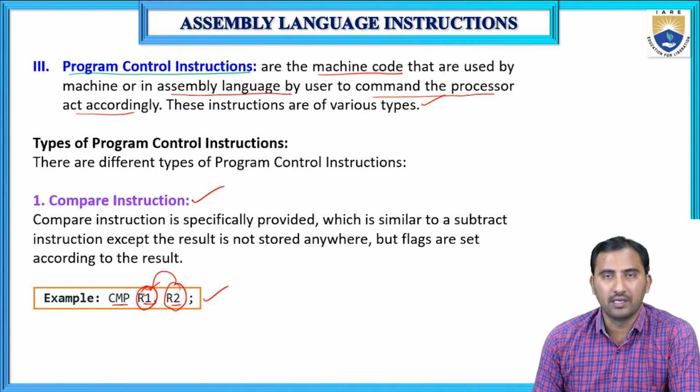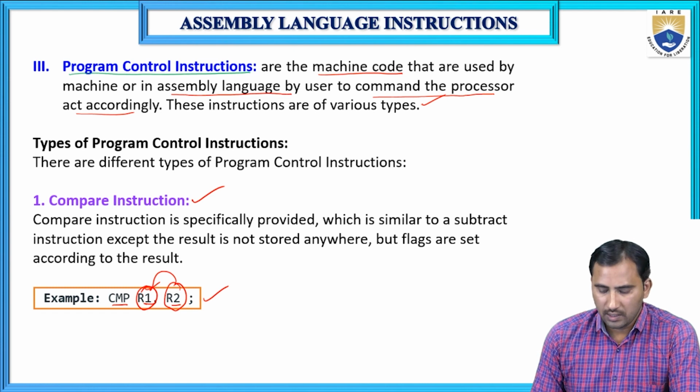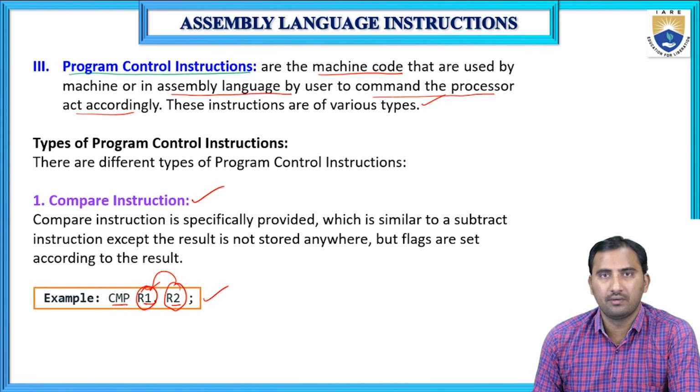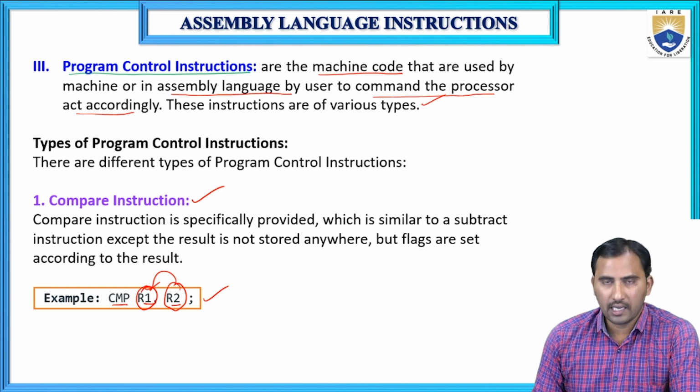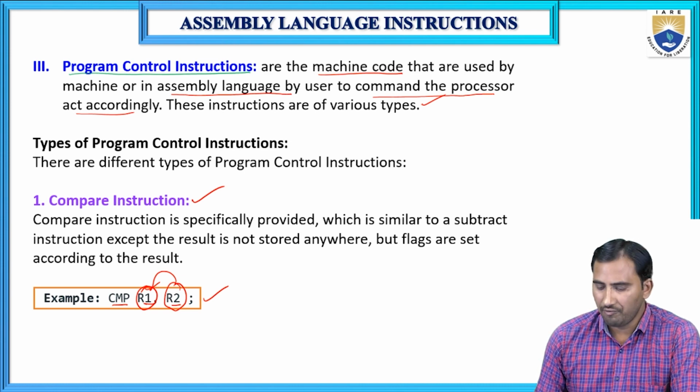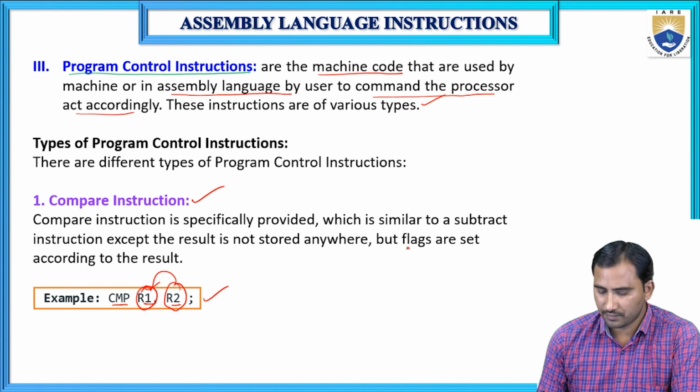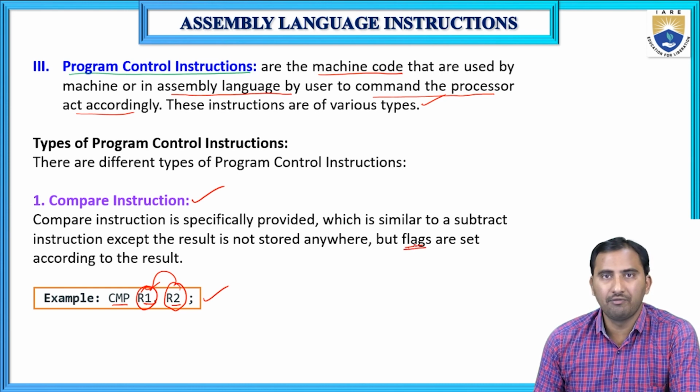That is called comparison. This comparison is very similar to subtraction, but in the comparison instruction, we will not store the result anywhere. We are only performing the comparison operation, and then it will update the flags.